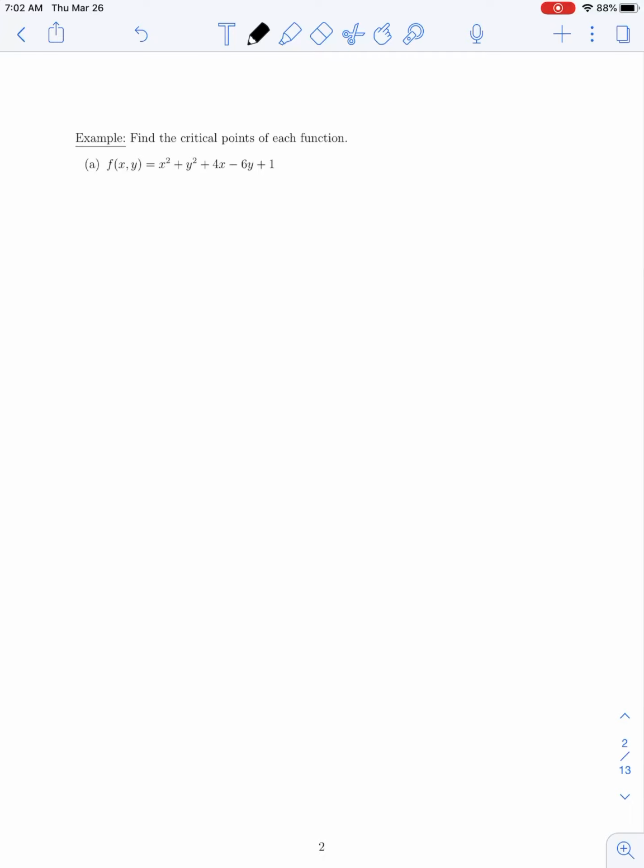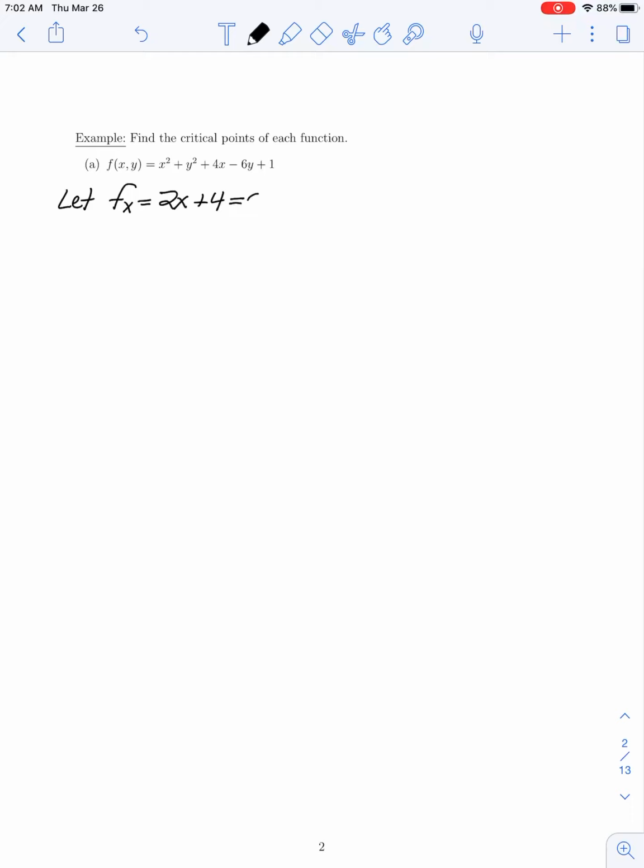these critical points. So in this next example, we're given some function of two variables. We're asked to find the critical points. And in part A, we have this function f of xy, which is a polynomial of two variables. So to find critical points, we're going to start by finding our partial derivatives with respect to x and y and setting them equal to 0.